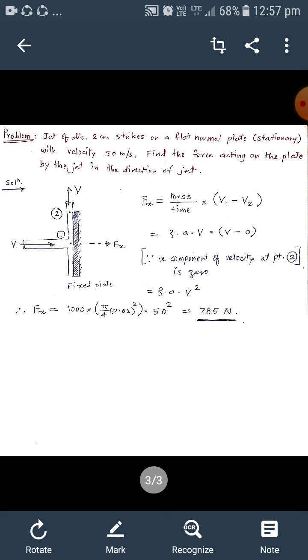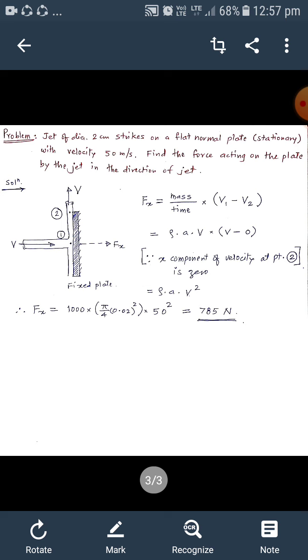Therefore, its component in x direction should be equal to 0. So, in the initial equation, Fx is equal to mass upon time into V1 minus V2, that is initial velocity minus final velocity, comes to be rho A V minus 0, that is rho A V square.